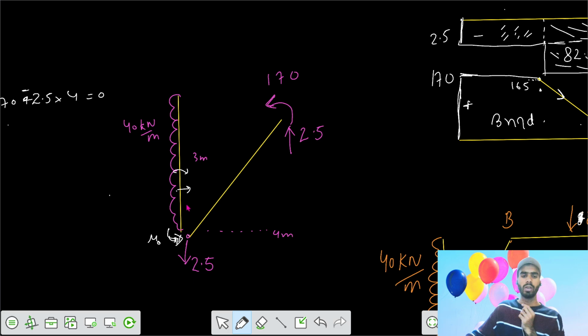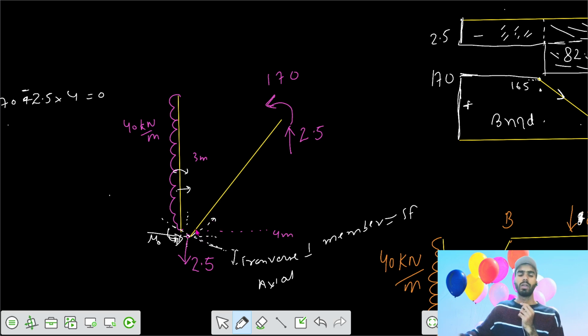So we need to get the components of the loading perpendicular, or transverse, to your member, which gives the shear forces, and similarly we can get the axial forces also. So for that we need to resolve those force vectors.